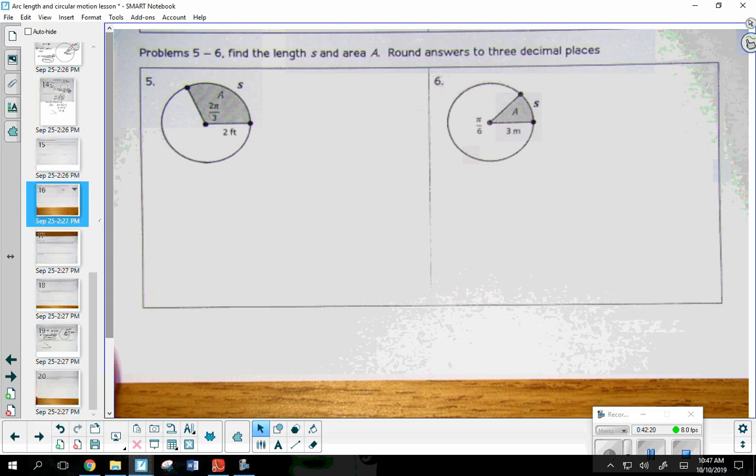Okay. All right, so Galen, let's start with the arc length. What does S equal? Radius times theta. So do we have the radius? Yes. Okay. So S equals the radius times theta.